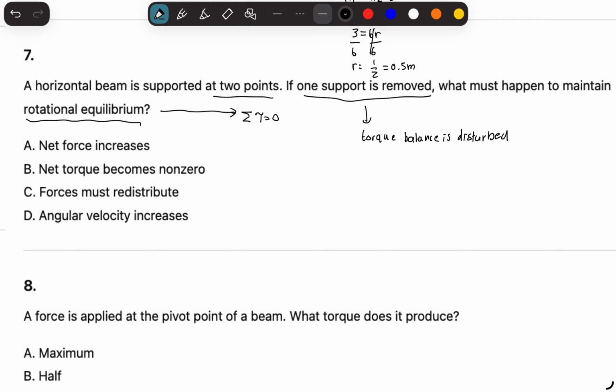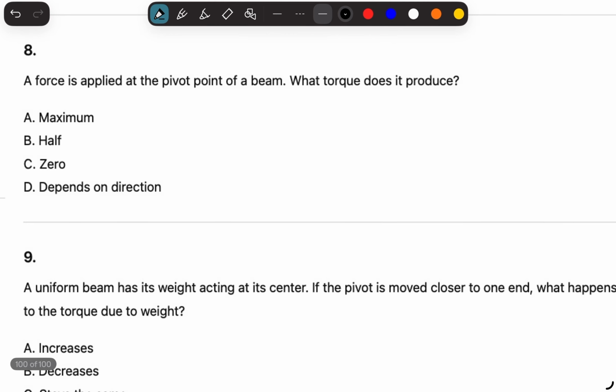So in order to maintain our equilibrium, you must redistribute and rebalance your forces. A force is applied at a pivot point of the beam. What torque does it provide? Well, torque is equal to F R sine of theta, but if your lever arm is equal to 0, that means this whole thing will just equal 0.